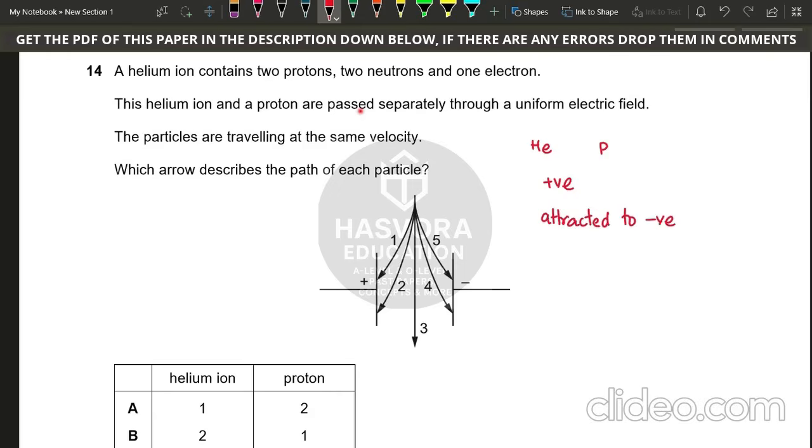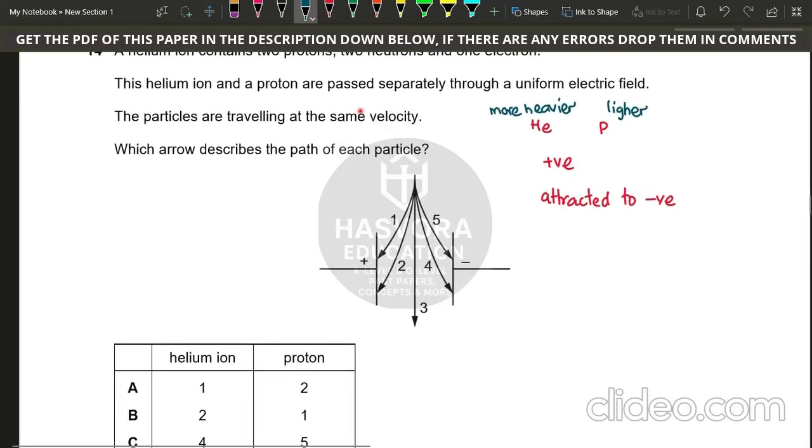But how do we decide which one is the beam for helium and which for proton? You can see that the fifth and the fourth are the beams being attracted to that negative plate, because now we have to refer to the fact that the helium is heavier, while the proton is lighter.